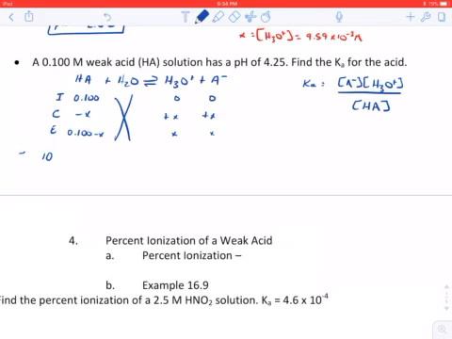So if we look at it this way, hydronium ion concentration equals 10 to the negative pH. That will give us our hydronium ion concentration, which will give us our X value. And we can do a lot of good work at this point.